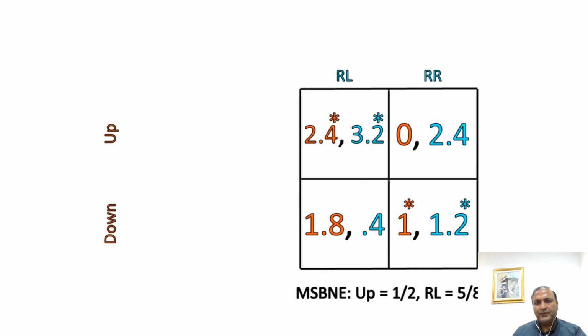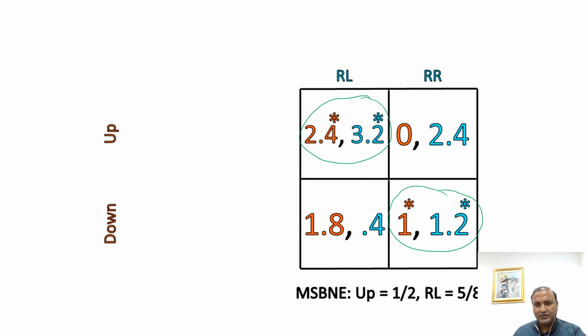But remember that every game has an odd number of Nash equilibria. So we found two pure strategy Nash equilibria. This is a pure strategy Bayesian Nash equilibrium, and this is also a pure strategy Bayesian Nash equilibrium. But you can also find a mixed strategy Nash equilibrium.